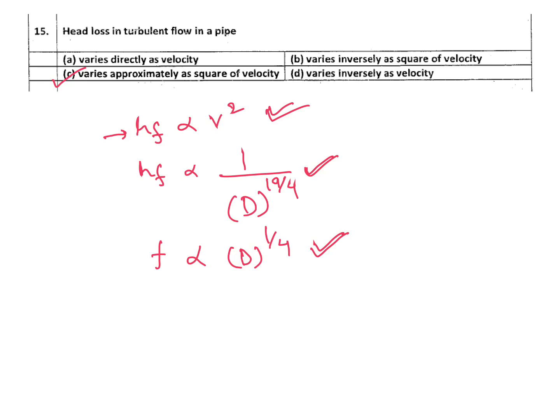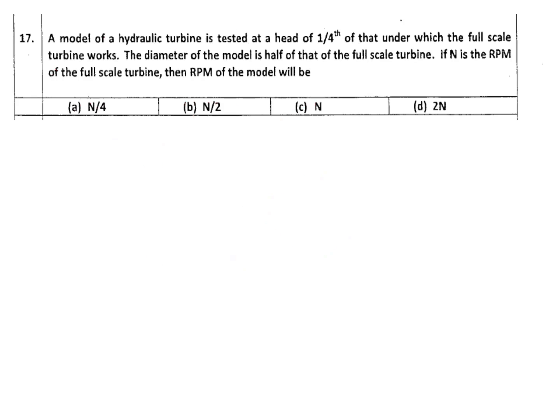A model of a hydraulic turbine is tested at a head of 1 by 4th of that under which the full-scale turbine works. The diameter of the model is half of that of the full-scale turbine. If n is the RPM of the full-scale turbine, then the RPM of the model will be how much? So, similar turbines.